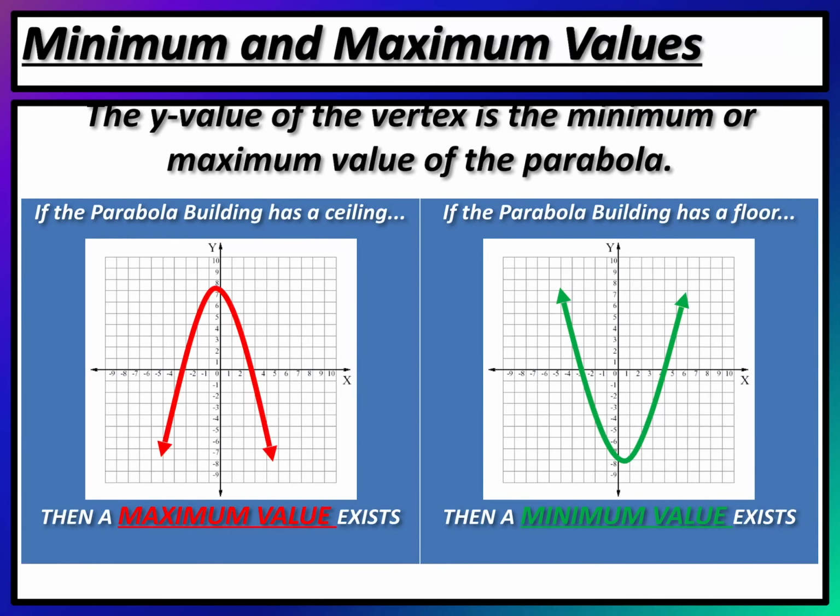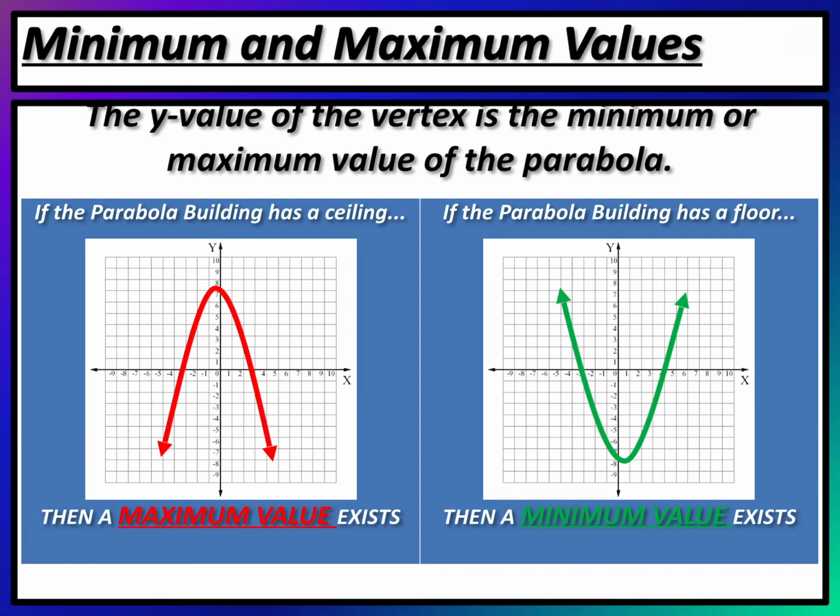So if the parabola has a ceiling, meaning that it opens down, like the red graph on the left, then you're going to have a maximum value, because the vertex would be the highest point on the graph. The highest point equates to a maximum.